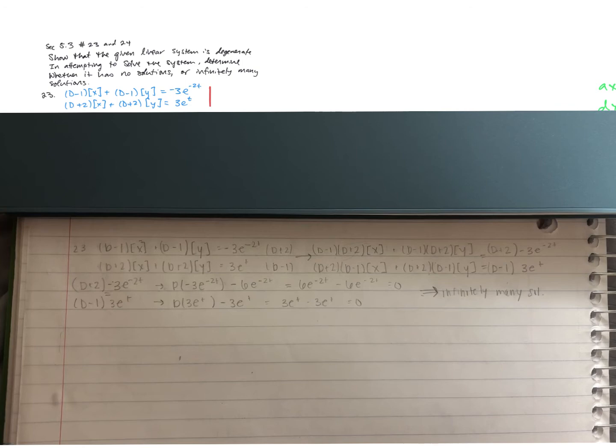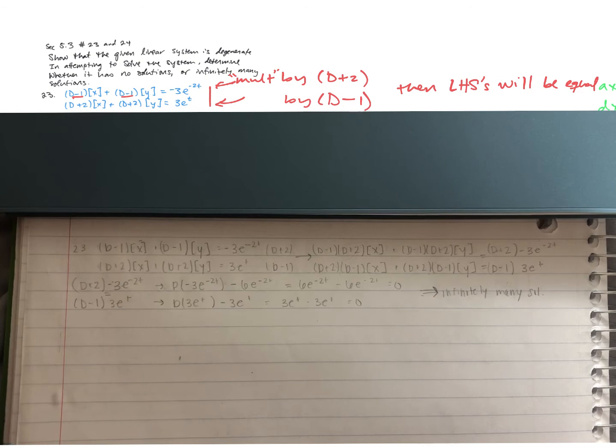In any case, what she did is observed that because we have d minus 1 and d minus 1 here, if we multiply the whole first equation by, or operate by, and I'm putting quotes over multiply by because it's really operating by d plus 2, and then do the bottom one by d minus 1, then the left-hand sides will be equal. And so they will equal whatever you end up getting on the right-hand side.